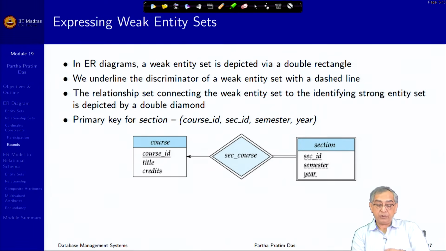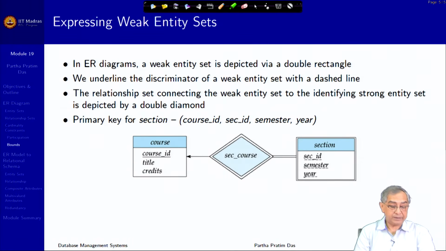Sec course will associate this with the strong entity set course, whose primary key course ID along with this discriminator, that is course ID, section ID, semester and year, these four together will be the primary key of the weak entity set section.